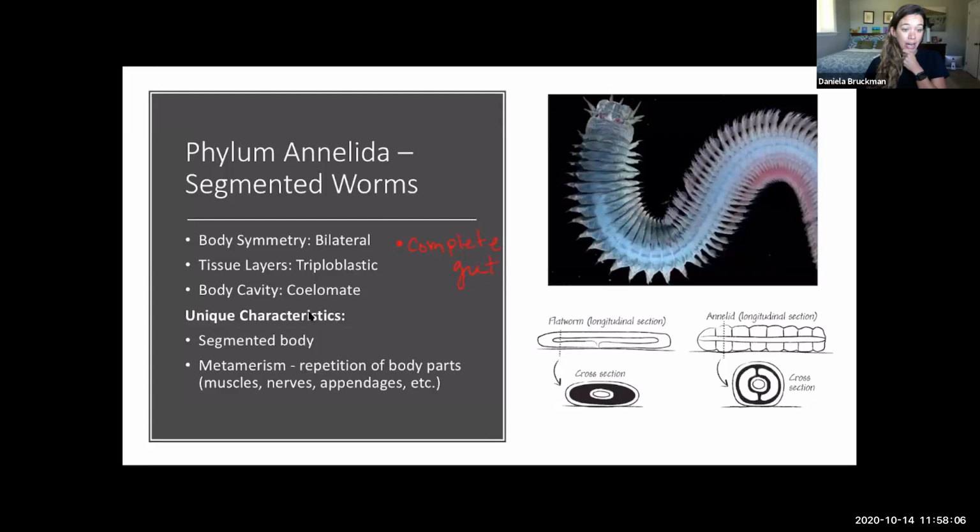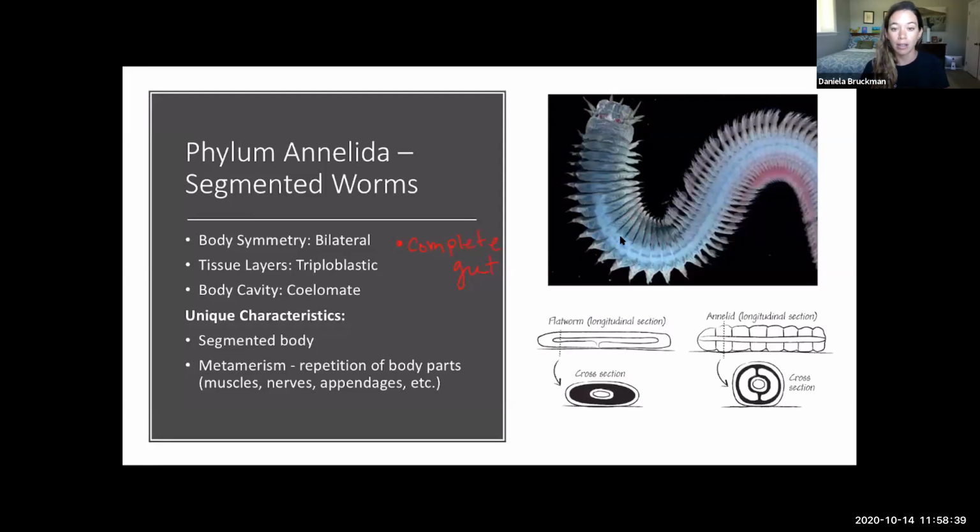And their unique characteristics include their segmentation, which is technically called metamerism, and that refers to a repetition of body parts. So a repetition of muscles, nerves, appendages, etc. Now we're going to see that there are other animal phyla that have segmented bodies, but the segmentation in those bodies is a bit different from the segmentation in these annelid worms.